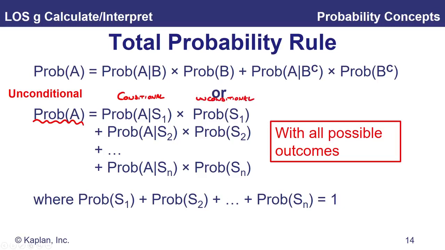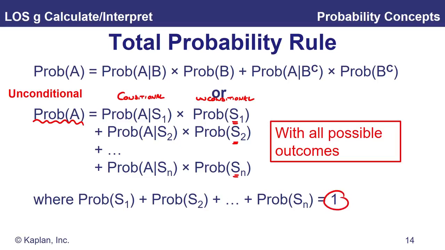Of course, if you take a conditional probability and multiply it by an unconditional probability, you've got a joint probability. So the unconditional probability for event A occurring is simply all of the joint probabilities where A occurs. Now notice with our unconditional event here, we're calling it S, S1, S2, Sn. If we take our unconditional probabilities and sum them, they have got to come to 1.